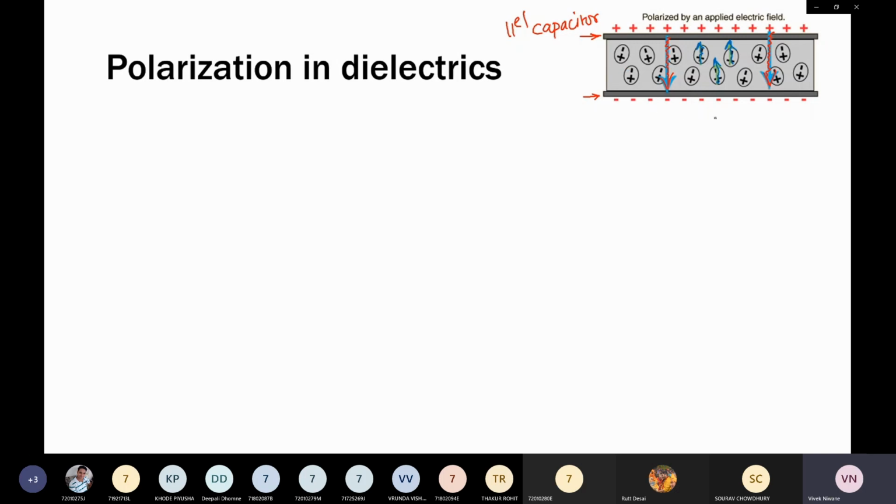So I want to give an important point over here. First, as soon as we apply positive charges to plate number 1 of the capacitor, we get electric field lines.